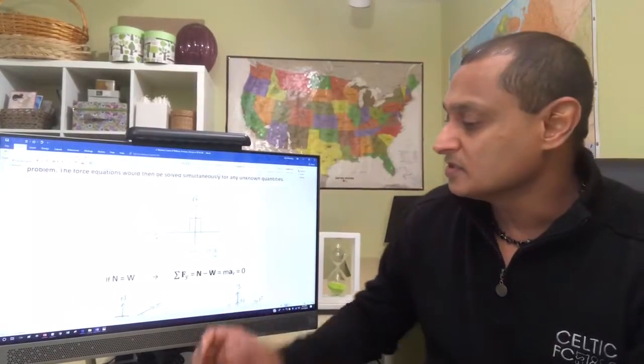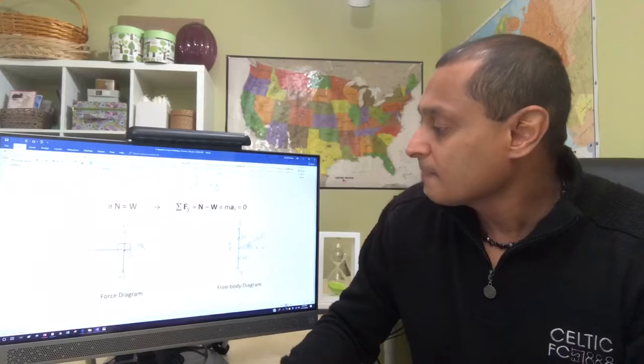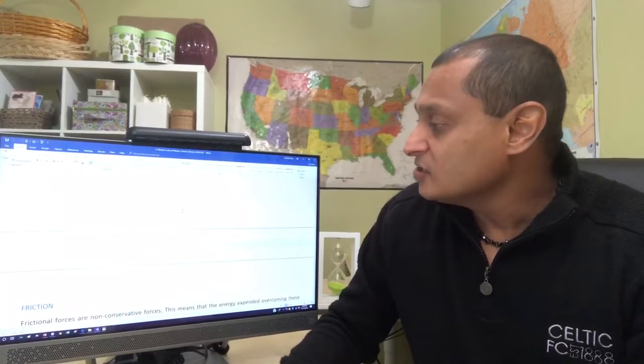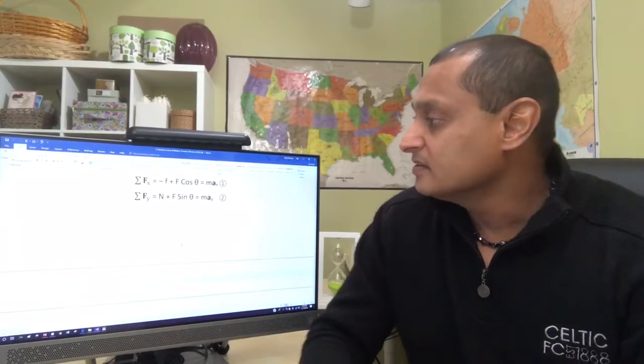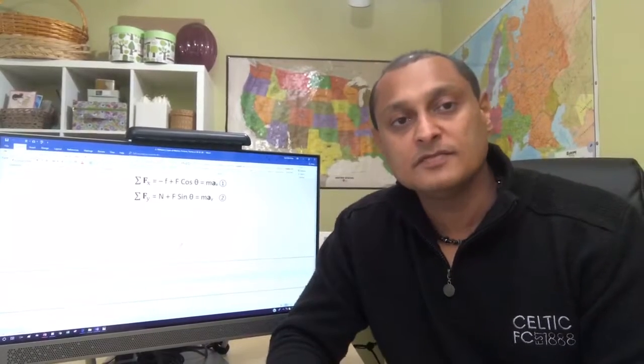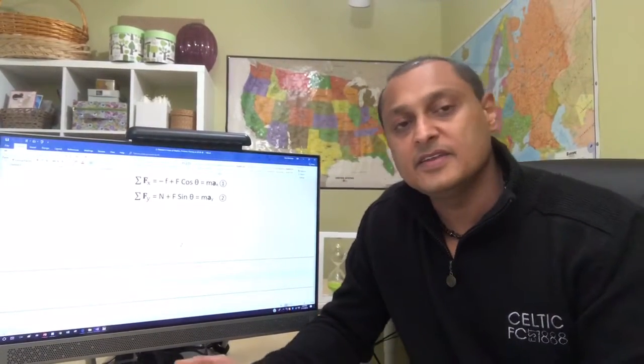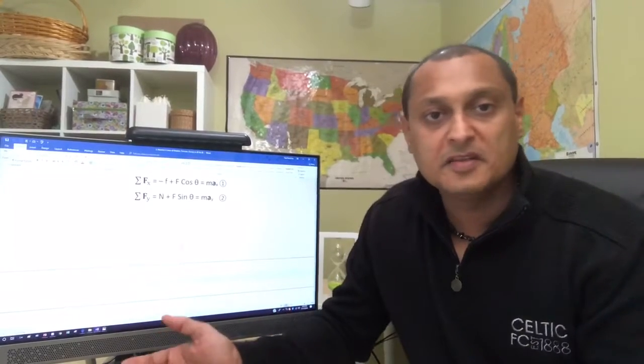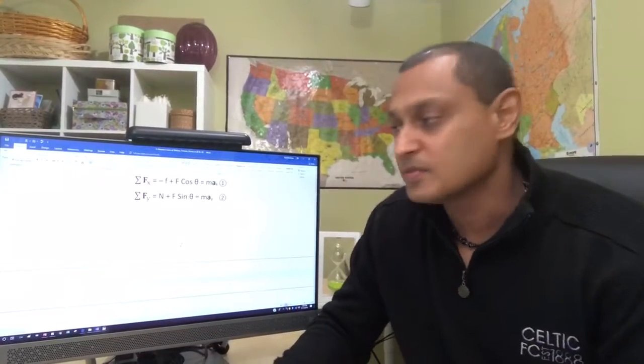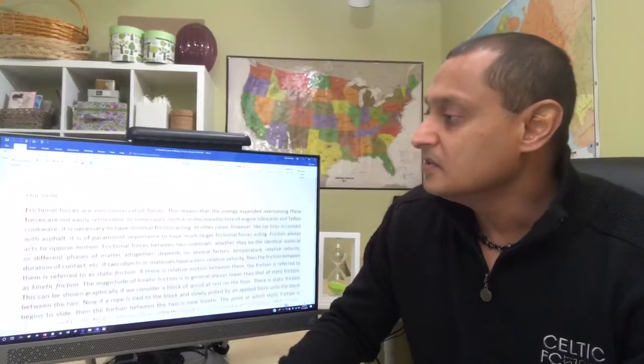So the normal force is the reaction force to an object's weight. As we set the stage for deriving the equations of motion, we look at the forces acting in each direction, both the x and the y. They are independent of each other.